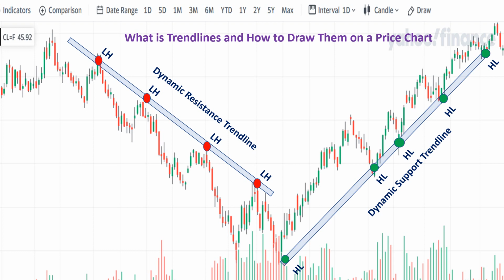Third, traders use trend lines to identify potential entry points for buying or selling positions, as well as exit points to close existing positions. Finally, number 4, breakout or violation of trend lines can signal potential trend reversal, indicating a shift in market sentiment.